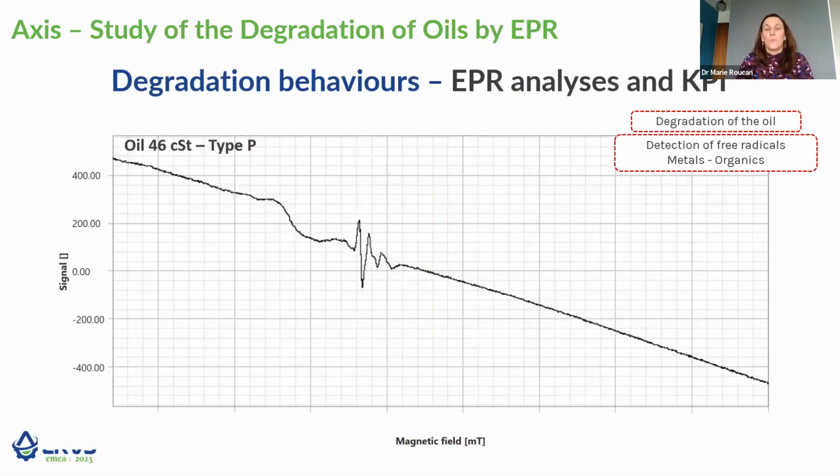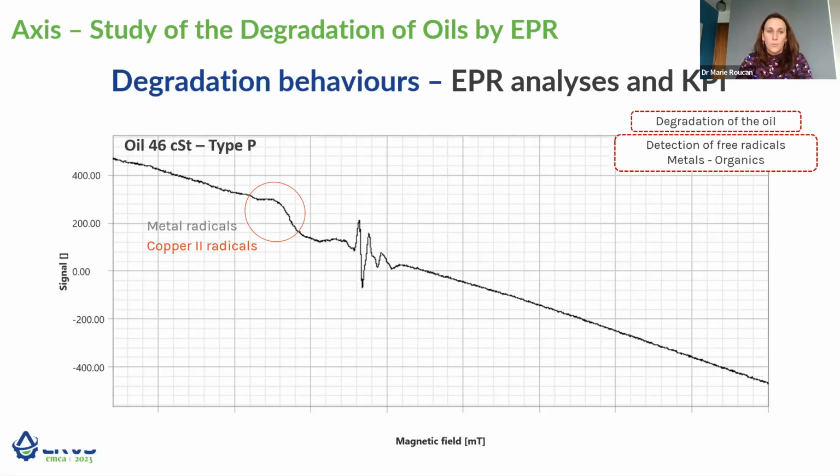Once we've done all that, we did some EPR analysis. I'm not going to present all the results we got, but I'm going to show you what you can see and why EPR is really useful for understanding the oil degradation. So here are the usual results that you get from the EPR analysis. You see this kind of line, and here you can see different species.